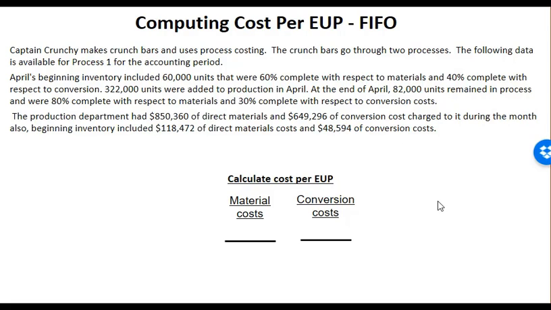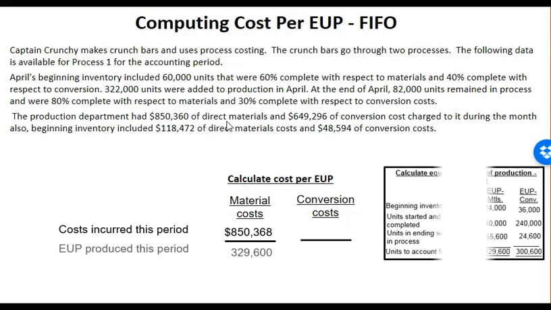So I'm going to take a look at my two costs separately, my material costs and my conversion costs, and calculate an equivalent unit of production cost for each. The cost incurred this period were $850,360 in terms of direct materials.